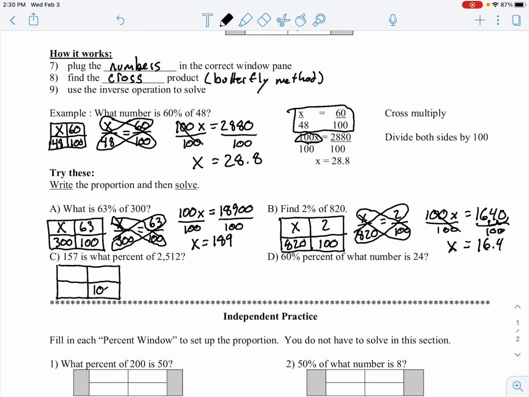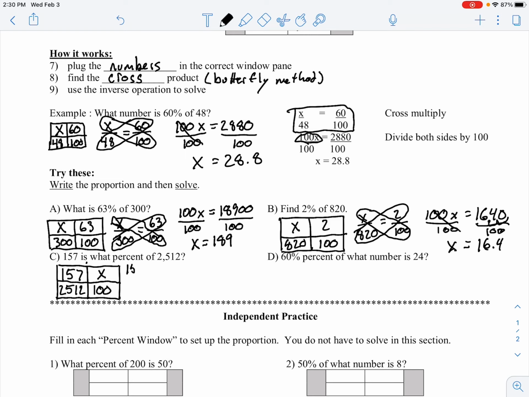So 100, we want to know 157 is. So that's going to go up in our is window this time. And then of, same thing, 2,512. And we want to know what percent that is. We don't know the percent this time, so we put our variable there.